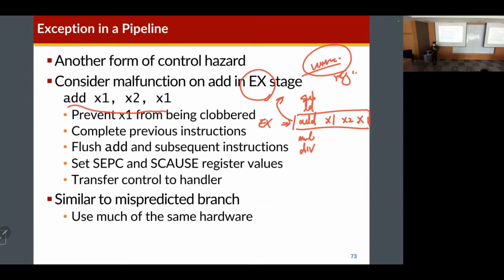So we need to prevent the exception-causing instruction from writing to the register file. And then, as I mentioned, we need to complete the previous instructions, like the sub and load instruction. Then we need to flush following instructions. So these behaviors should be supported by the pipeline processor.